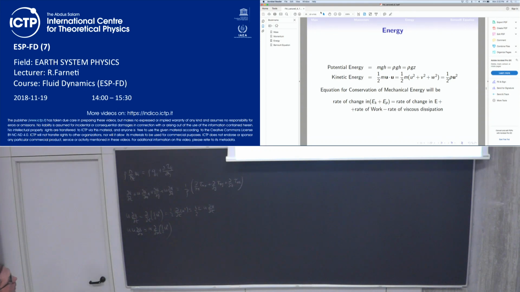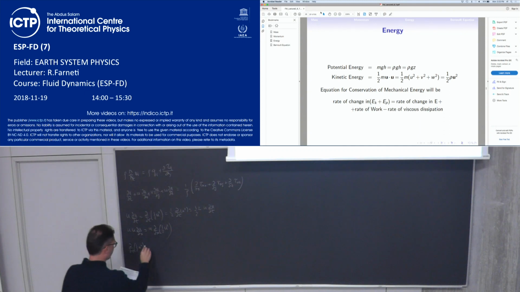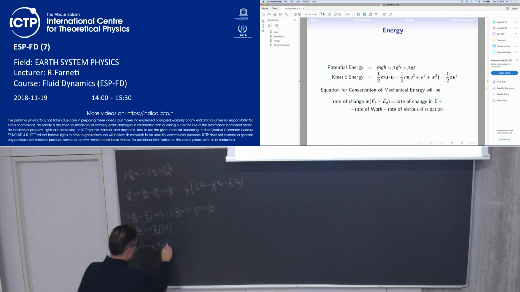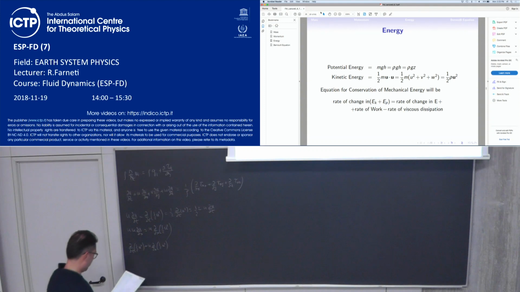So when you now do the scalar product of this component with the velocity vector, this, which is this, now you see that we have already a term which is in the form of kinetic energy.